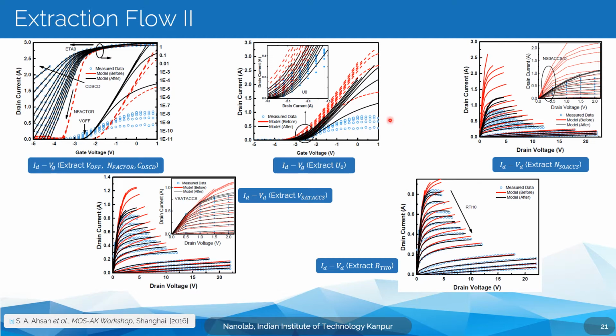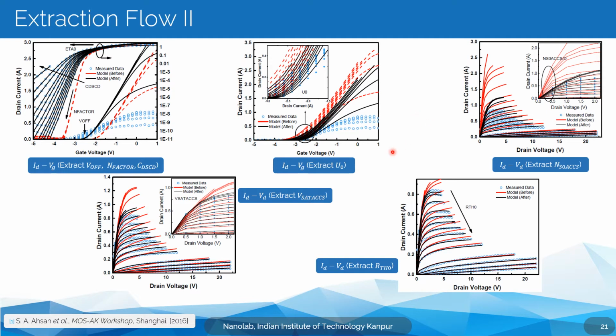These two parameters give this tapering you see in the drain currents, and this tapering is also caused by the drain side access region resistance. So in the high gate voltage region, you try to extract three parameters: UA, UB, and the drain side access region resistance. And then all of these can be fine-tuned in the subsequent steps.